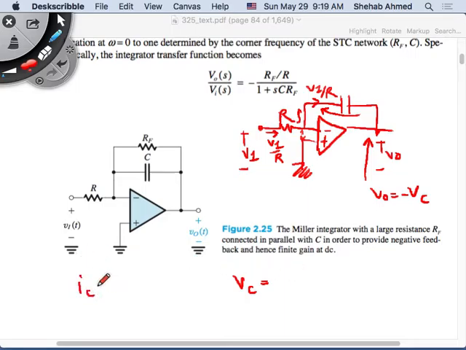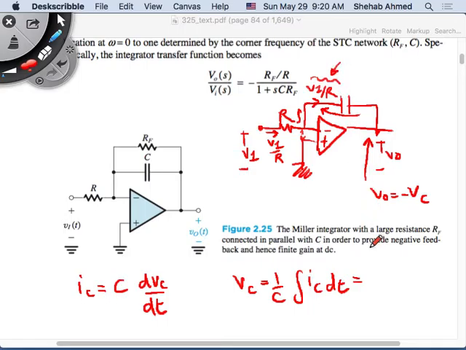Since we know the relationship between IC and VC is IC equals C dVC by dt, VC is equal to 1 over C integral of IC dt. And IC is equal to what?